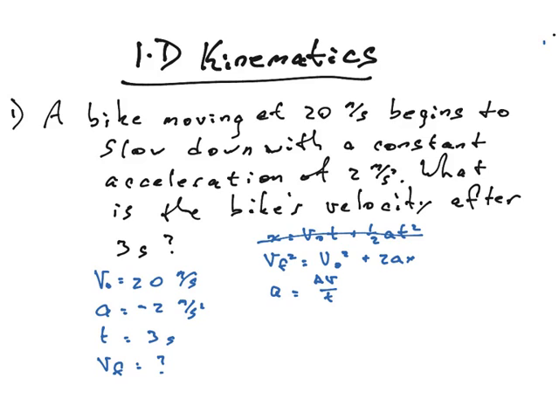Yeah, 20. Do I have a? Yep, negative 2. Do I have x? No. This question didn't tell us about how far the bike went, its change in position, its displacement, none of that. So I know nothing about the position of the bike. Thus, because I don't know vf and I also don't know x, there are too many unknowns to use the second equation. So it's gone.